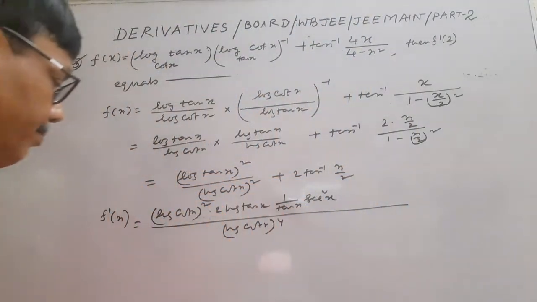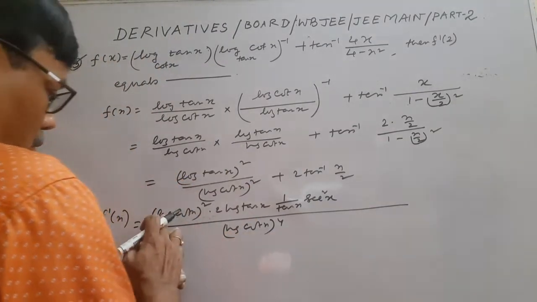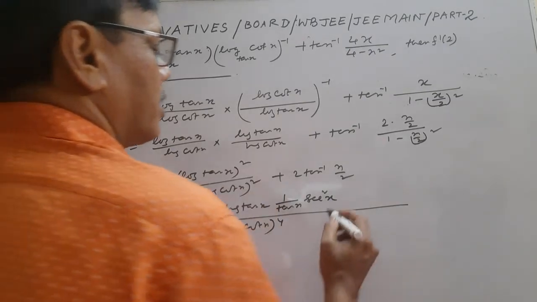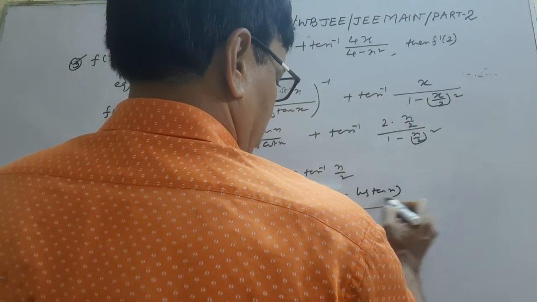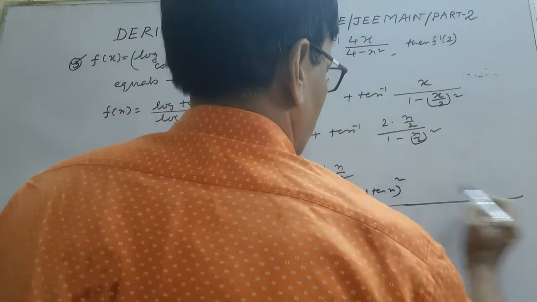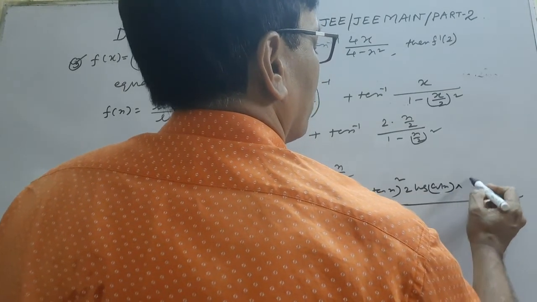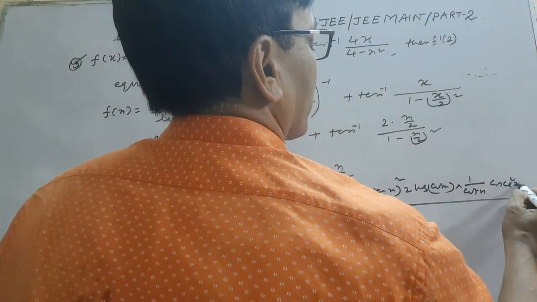Now listen again. (log cot x) whole to the power 4, (log cot x) whole square unchanged, 2 log tan x, 1 by tan x sec square. Minus (log tan x) whole square unchanged, 2 log cot x into 1 by cot x into cosec square x with negative.